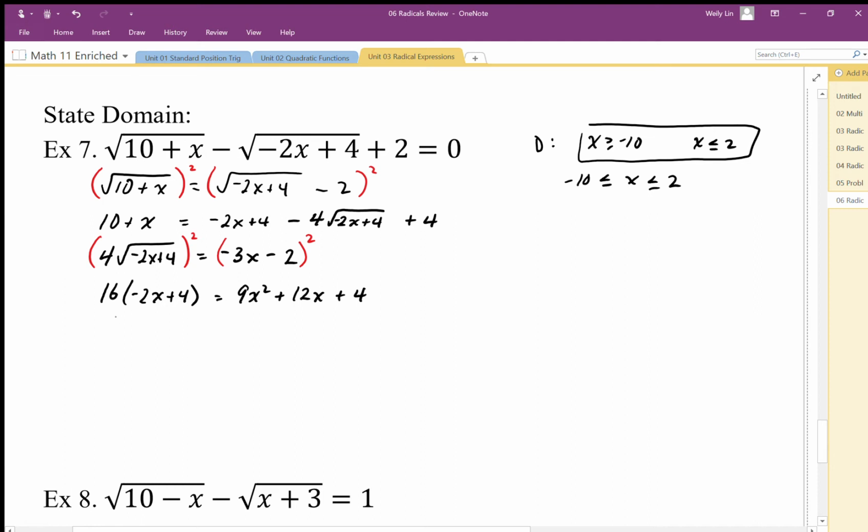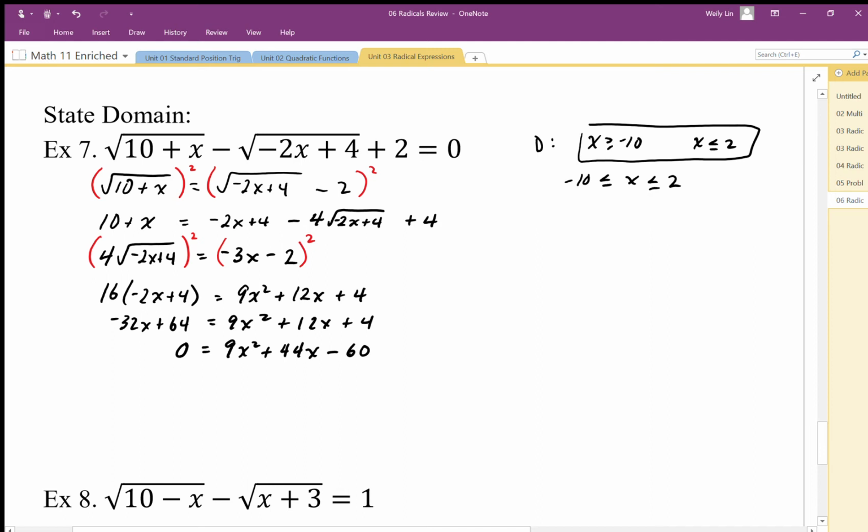Maybe I'll show a few more steps here, so that's going to be 64. We need to make it equal to 0. So I end up with 9x squared plus 44x minus 60. Ooh.